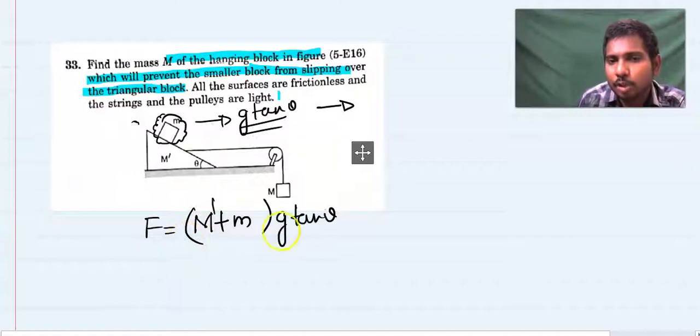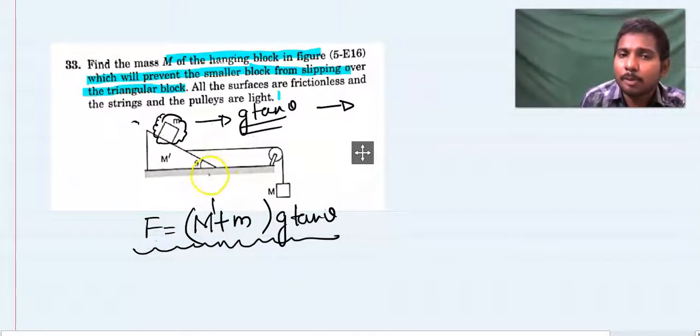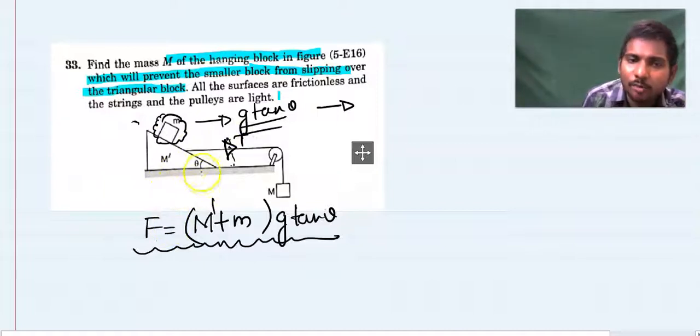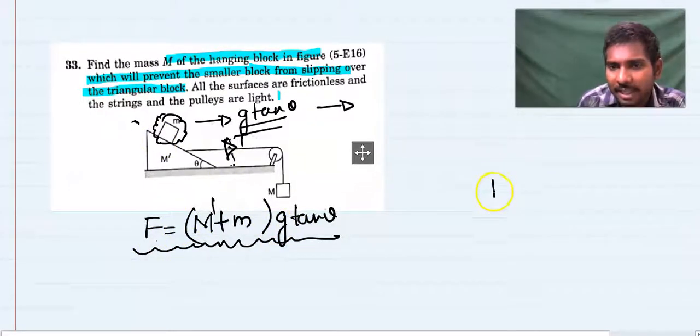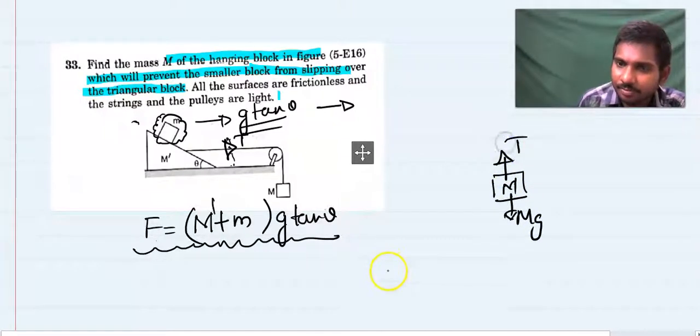So if this force should be (m' + m) g tan theta, what is providing this force to this wedge? That force should be provided in this question by the tension. If you cut it and pull it, the tension in this direction will provide the required force, (m' + m) g tan theta, to the wedge. If you draw the free body diagram here, on this block M, there will be mg downwards, and a tension upwards.